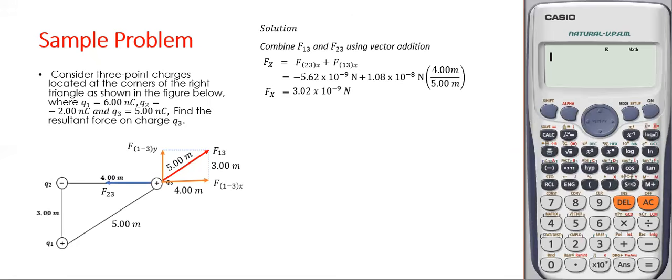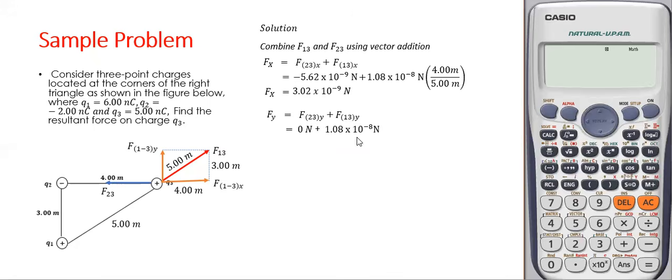Okay? Kunin naman natin yung forces along y-axis. So we have here force F2 to 3y plus force F1 to 3y. So yung magnitude ni force F2 to 3y ay equal sa 0 Newton. Bakit? Kasi makikita natin, naka-plot lang siya along x-axis. So ibig sabihin, ang kanyang vertical component ay equal sa 0.